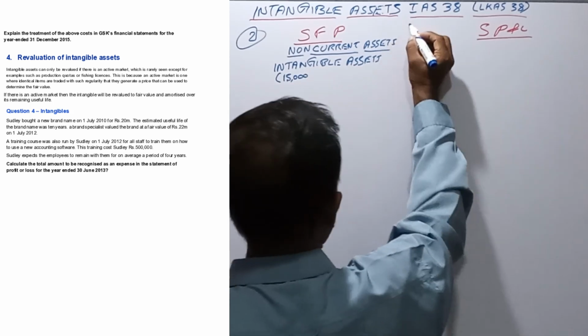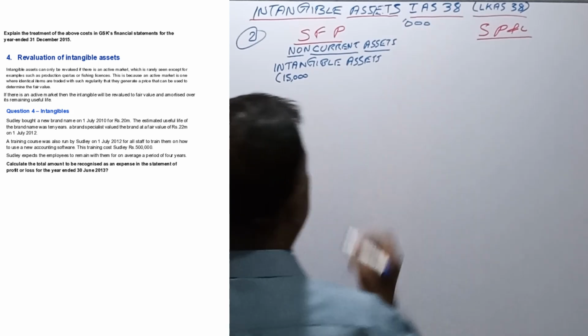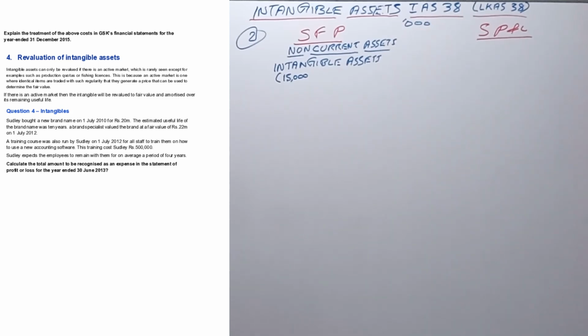It is in thousands. 15 million on acquiring the patent.